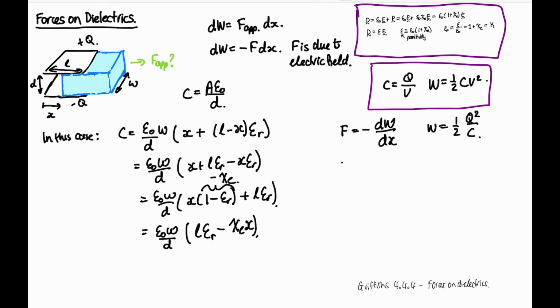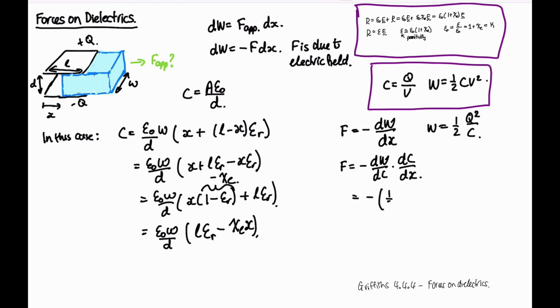And now what we can do with this force is use our product rule. We can write this as minus dW dC times dC dx. And now these are all things that we can find because we've got W in terms of C here. So we just need to differentiate this. So this is a half Q squared C to the minus 1.